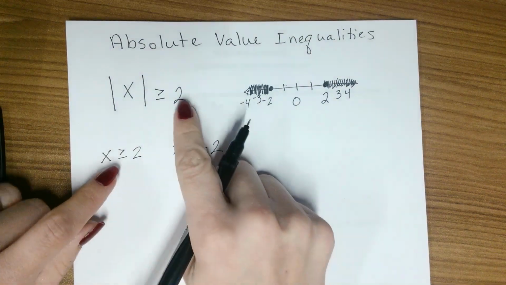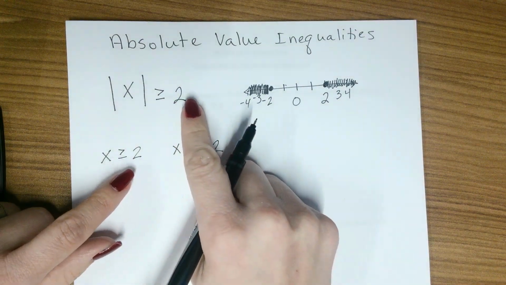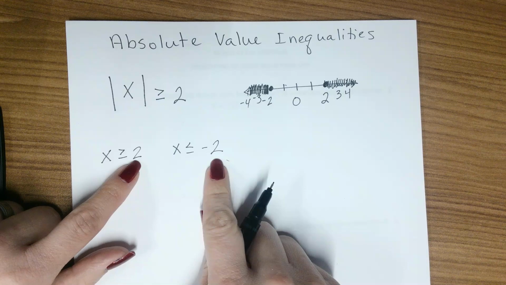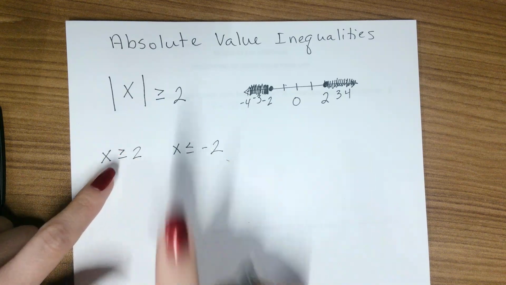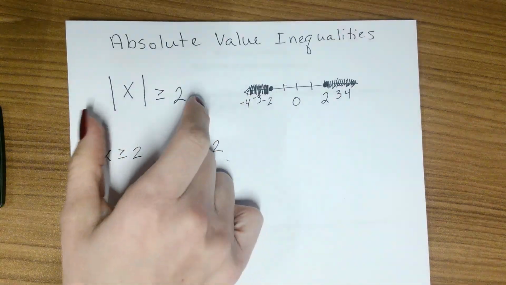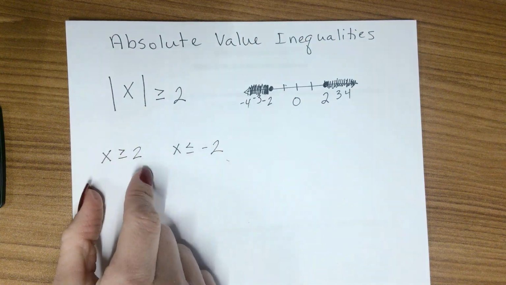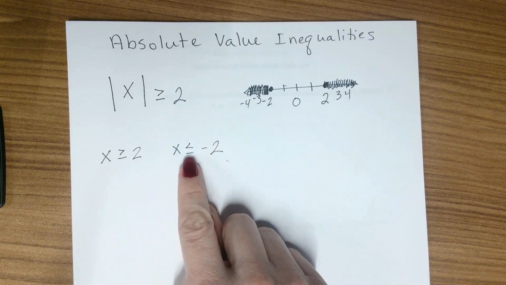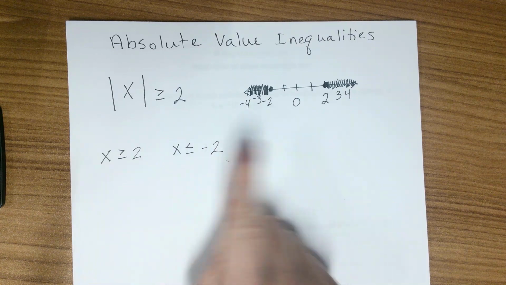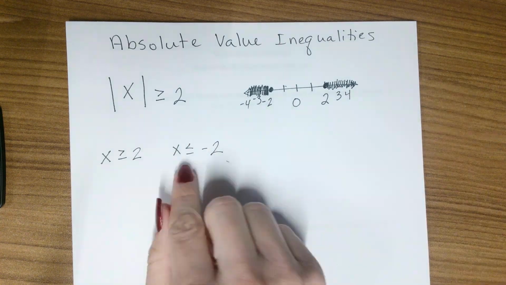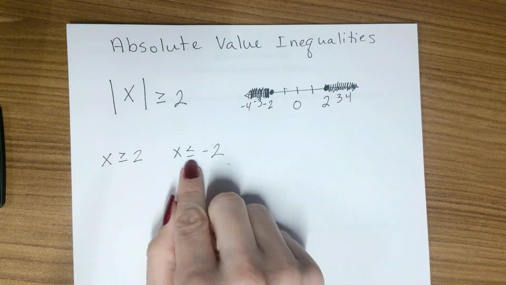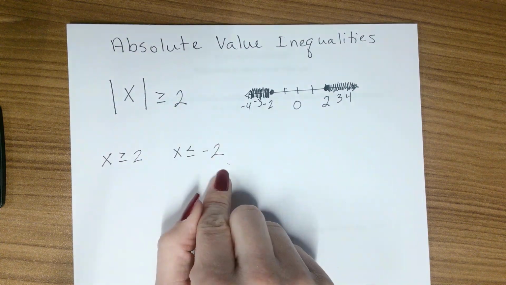It's going to break apart the same way the absolute value equations did, one positive, one negative, but we also have to flip the inequality symbol. So we'll have one that looks exactly like the original inequality just without the absolute value, and one where the inequality symbol and the number are both the opposite. We were greater than, now we're less than; we were positive, and now we're negative.